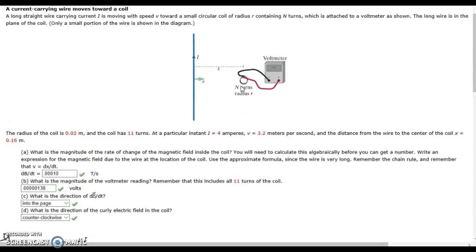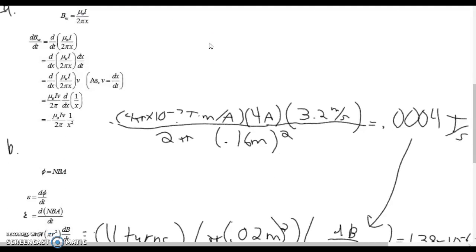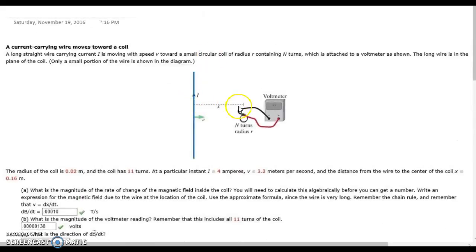So basically we're measuring the rate of change of the magnetic field, or magnetic flux, which, as we all know, only exists if there's movement. Basically what we have is a magnetic field around this wire, something along those lines.